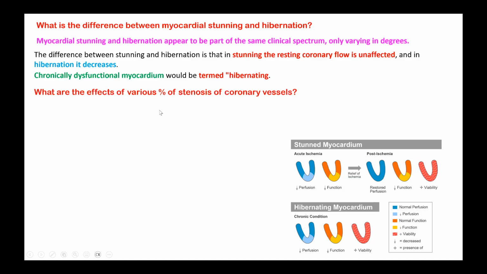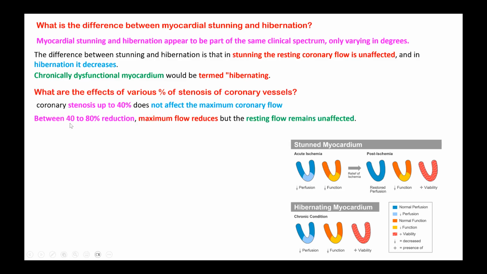And what are the various percentages of stenosis of coronary vessels and what are the effects of that? If you have 40% stenosis as reported after an angiogram, then it does not affect the maximum coronary flow. That is, resting blood flow is also normal, and when the patient is exercising and needs more blood supply, the maximum coronary blood flow also will be preserved.